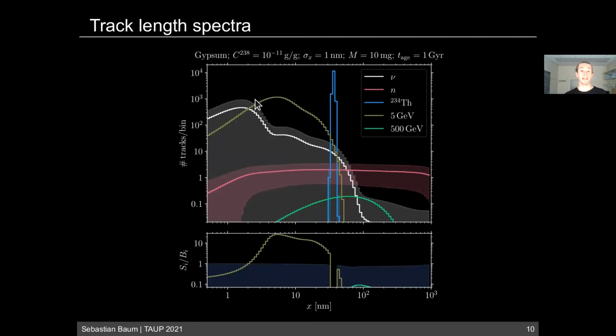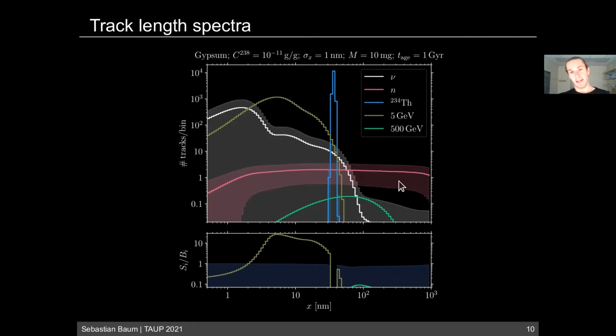And this is how a paleo-detector experiment looks in the mind of somebody like me, a theorist. What I'm showing you here is the number of tracks per track length in log-spaced bins, going from something like 1 nanometer to a micron. Don't worry so much about the normalization here. That is just proportional to however large you choose your sample to be. What I want you to see is that this white spectrum shows you the neutrino-induced nuclear recoil spectrum.